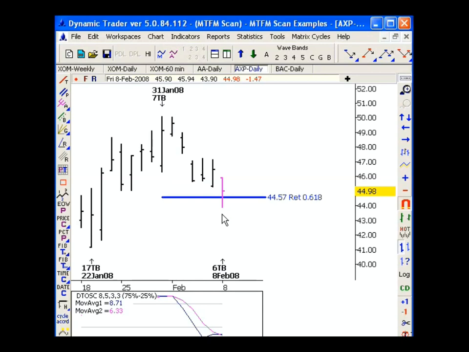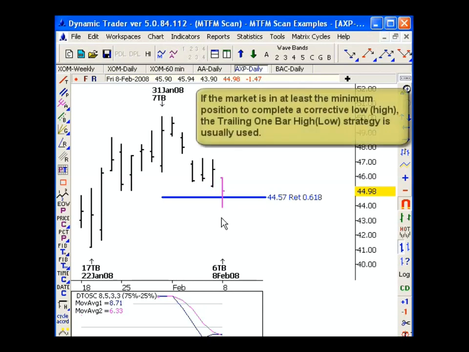So I haven't got into a lot of details of alternate time or alternate price projections or that sort of thing, but what I want you to learn here is that this market has indeed come into a position that's typical to end a corrective decline and continue a bull trend.